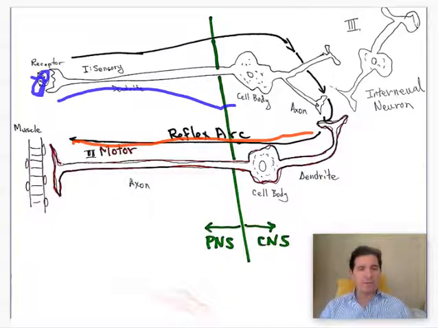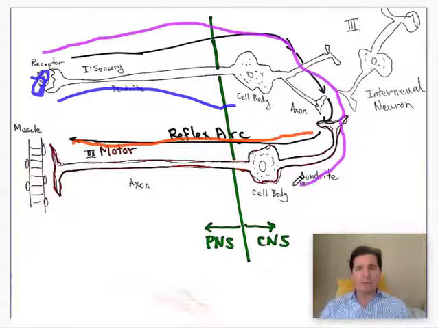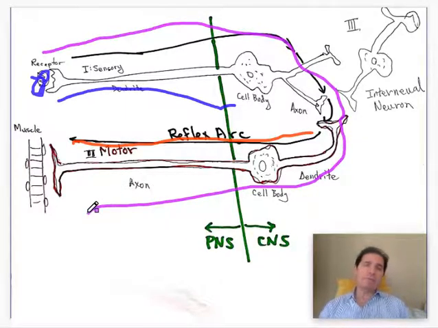With the reflex arc, basically it goes from the receptors to the spinal cord and then back out to the muscle without any real connection with the brain or with the neurons that may transmit messages up to the brain.